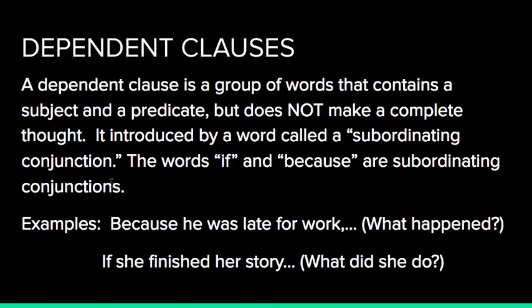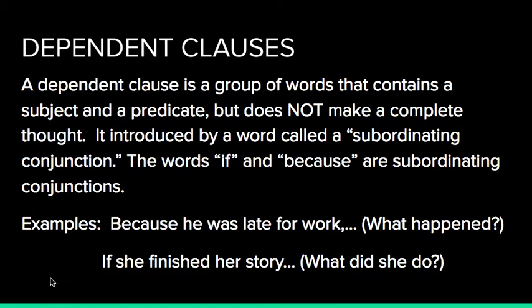And subordinating means beneath, or it's telling you that it's not quite as strong as the actual independent clause. So it's kind of like second place. These dependent clauses usually start with if or because and sometimes since. These are subordinating conjunctions because they tie the independent clause and the dependent clause together.